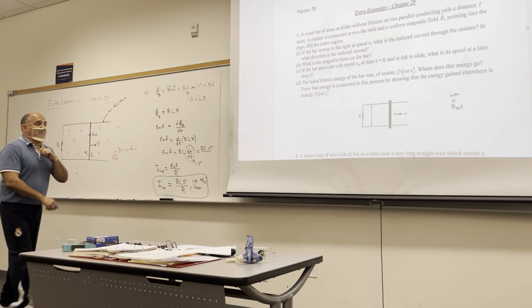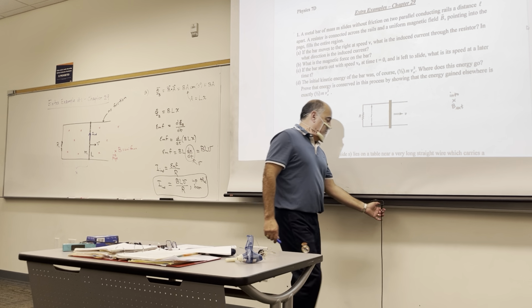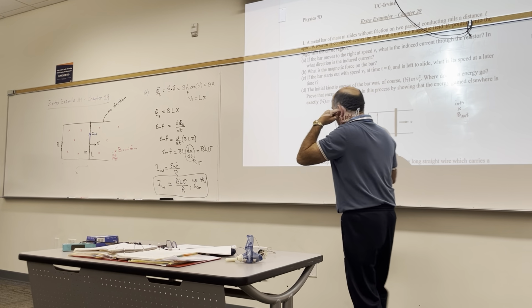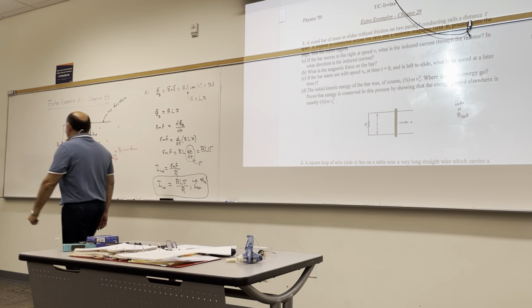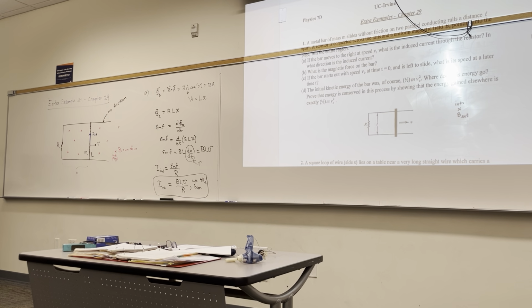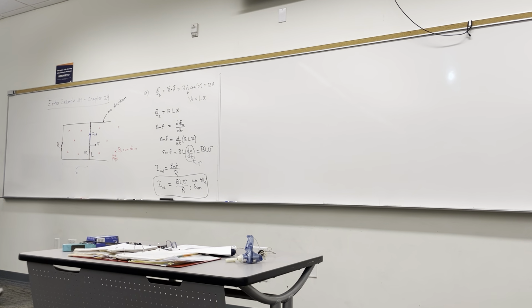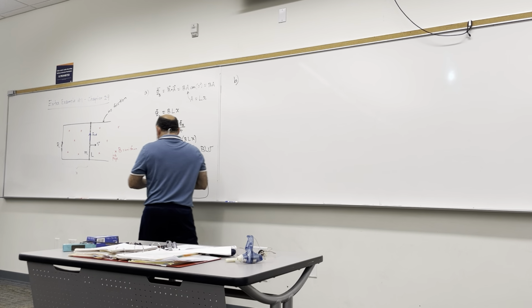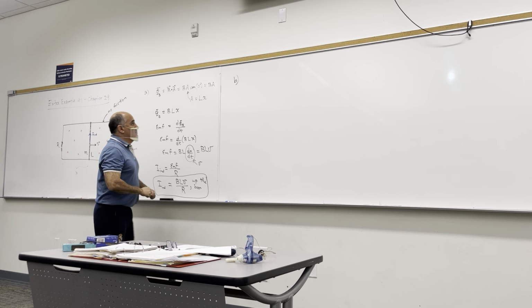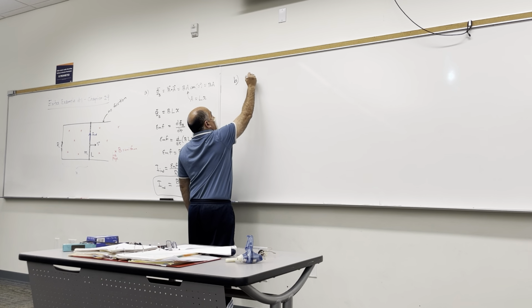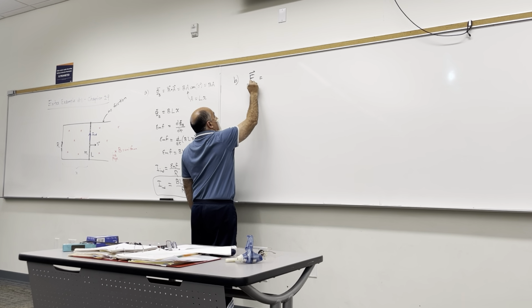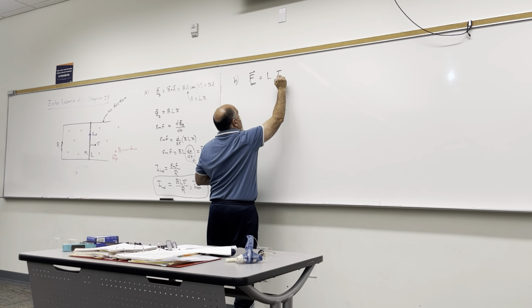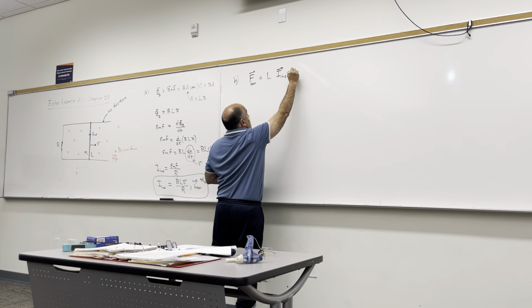The magnetic force on the bar will be the length of the bar times the current in the bar, which is the induced current, crossed with the external magnetic field.